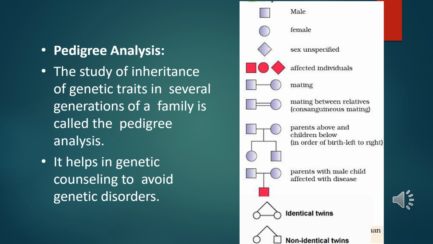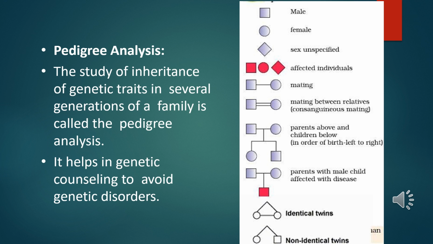So I'll be telling you about pedigree, that some symbols are there. When we study a pedigree chart, we have to use these symbols. You have to study these symbols very well. First is male, then female, then sex unspecified. Then these are affected individuals, which are red in color. The boxes which are colored red are affected individuals.